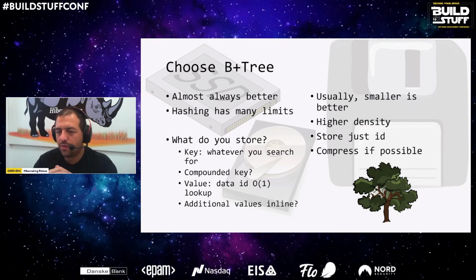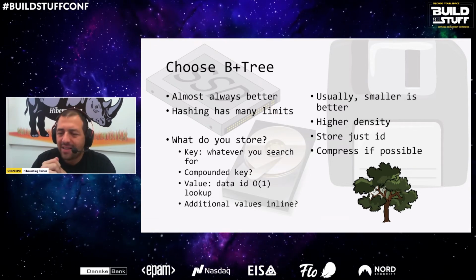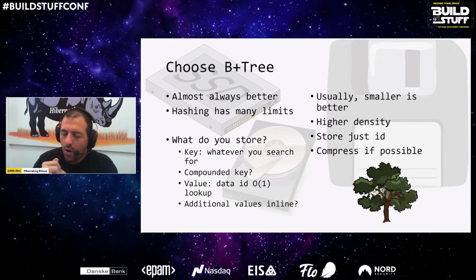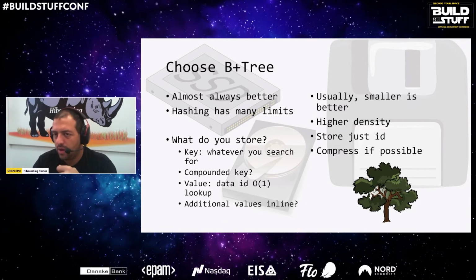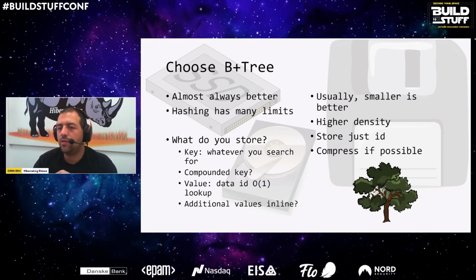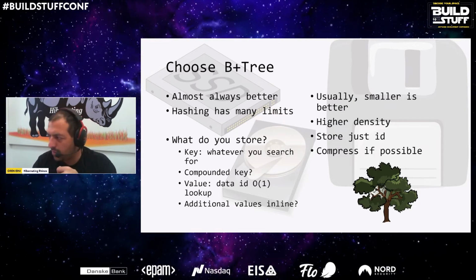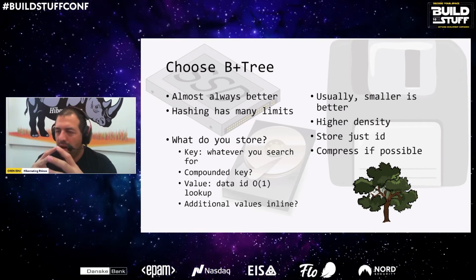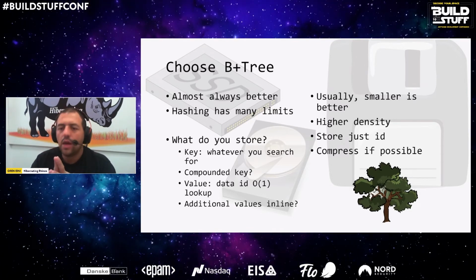So the B+Tree is effectively a tree with a key, and the value can be either the ID of the document, which means that we have to do another lookup, or we can store additional values inline inside the B+Tree. That can be very useful if you want to answer the data directly from the index. In general, I tend to prefer smaller is better. The smaller your data size is, the more packed you can make the B+Tree, the easier it is to store all of that in memory.